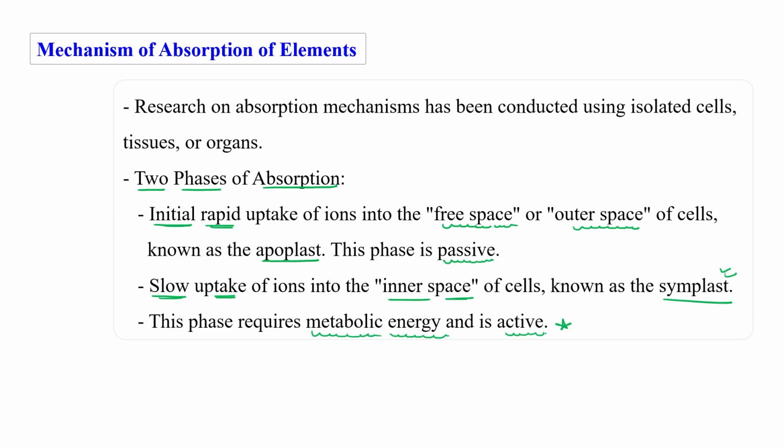So symplast requires energy, meaning it will use ATP, and this passive phase doesn't require any kind of energy. So the phase in which apoplast is involved is passive. The phase in which symplast is involved is the active phase.